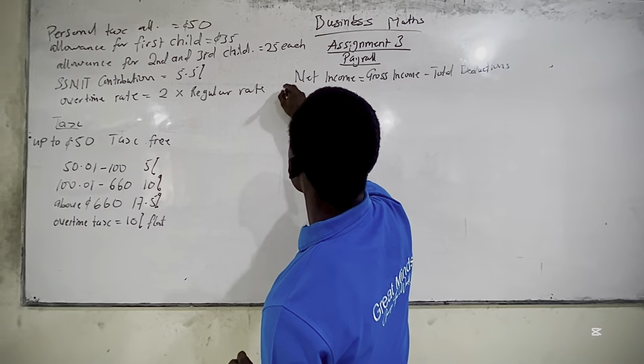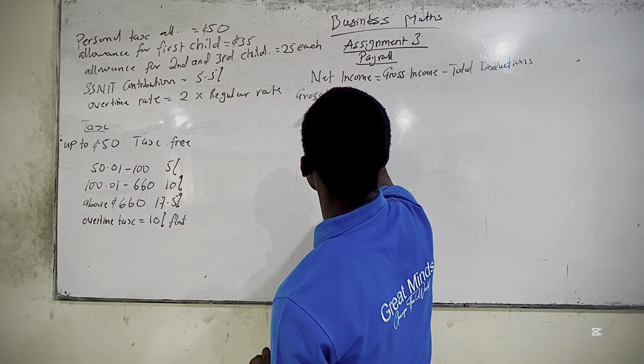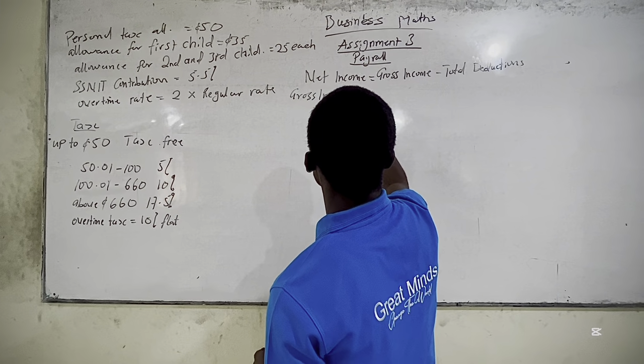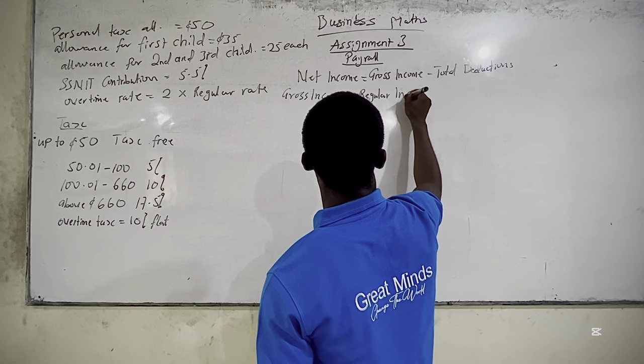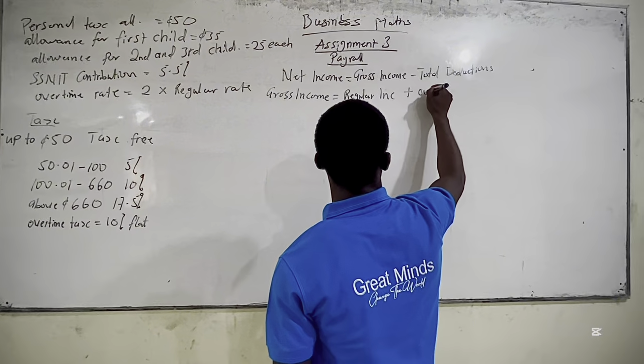Then we say that gross income is equal to regular income plus overtime.